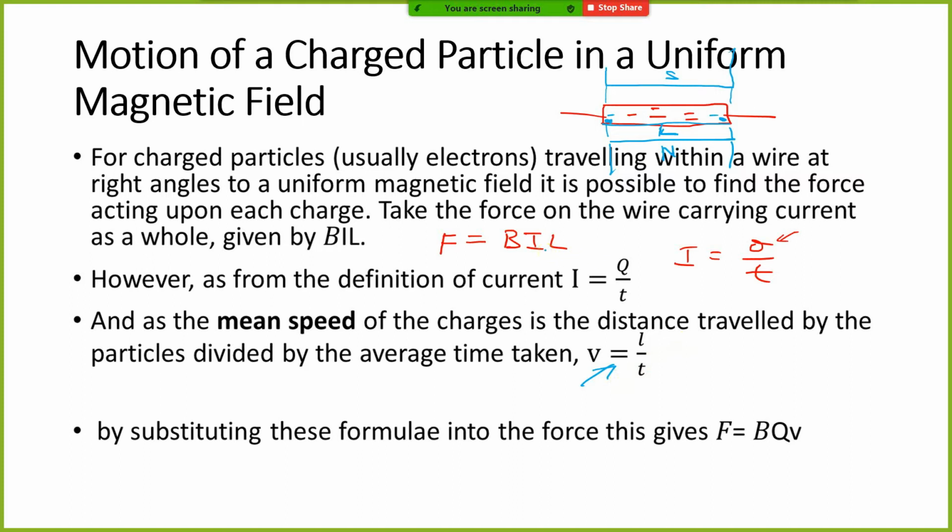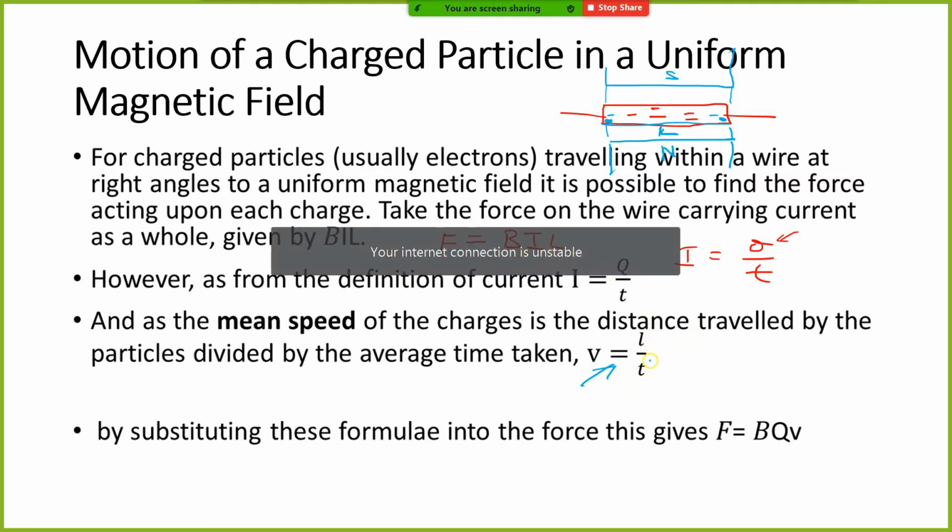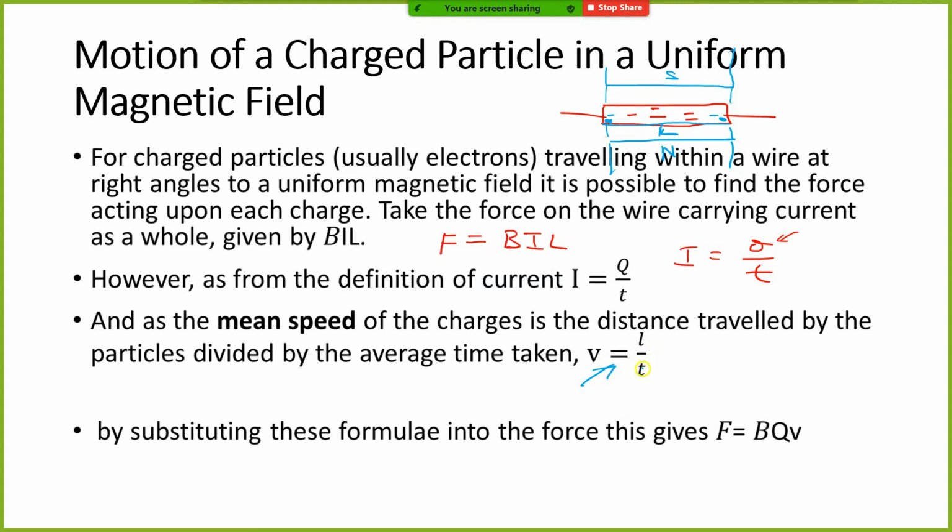If I substitute that, let's try and make T become the subject and see what's going to happen. If T becomes the subject, that is L upon V. So when T becomes the subject, T is now equal to L upon V.